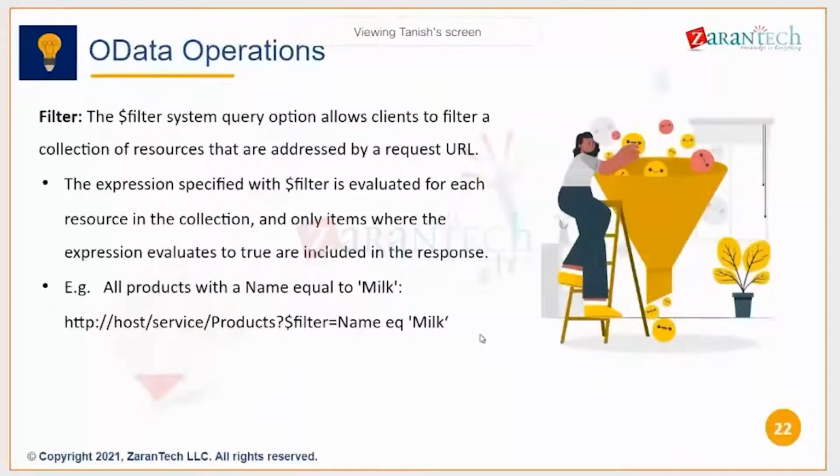And filters. Again, OData operations can be used with filter. Why we use filter is sometimes some of these entity sets return huge data sets. It can have millions of records. For example, a big corporate company has 1 million employees or 1 lakh employees, which is not easy to pass through, right?